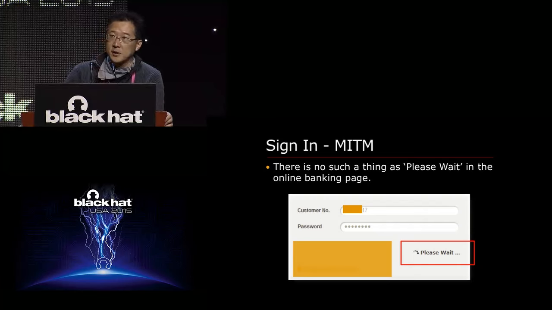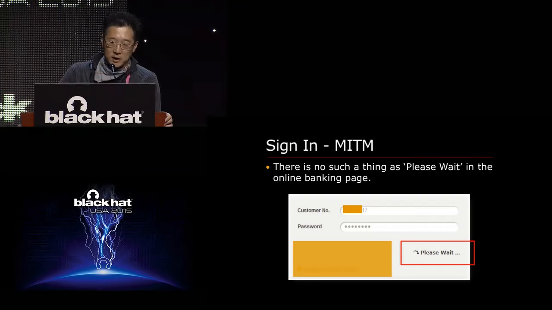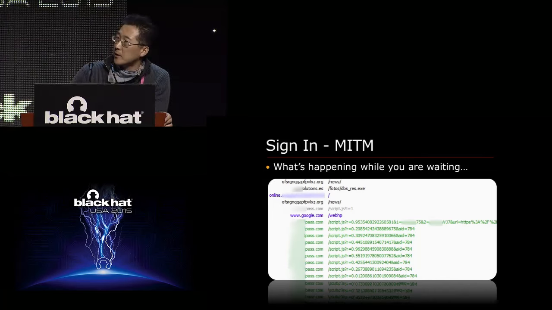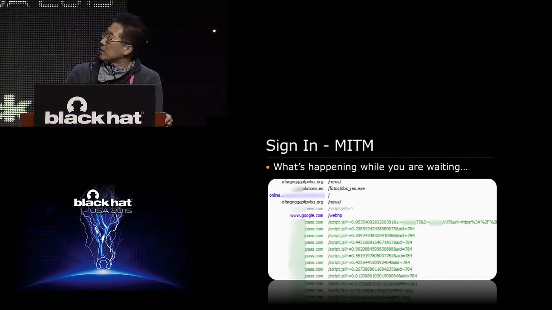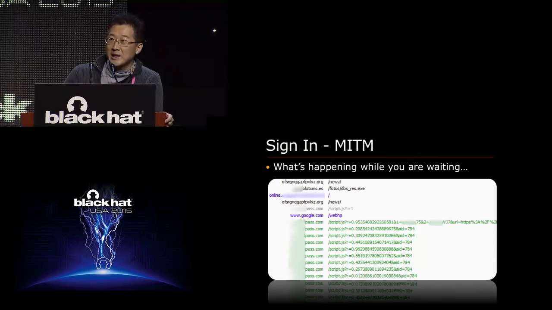And sometimes you can see some sort of pop-up message saying, please wait, and it just takes a long time to complete. And what's happening in the background is this. The green lines are the packets that do some communications between the infected machine and the CNCs, so that it can get some more instructions.